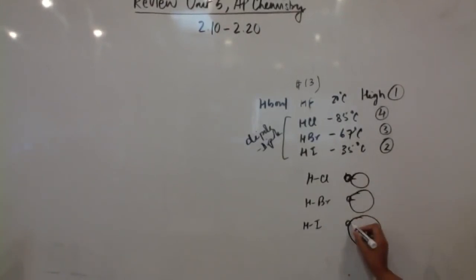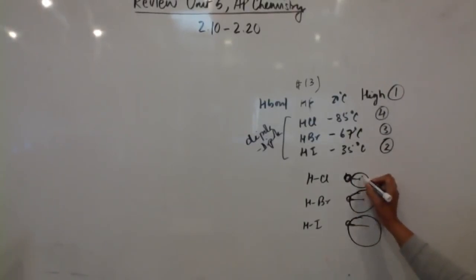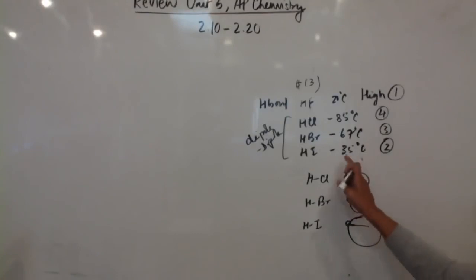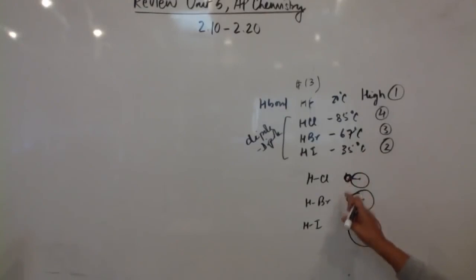If you go according to Coulomb's law, because the internuclear distance is increasing, then the force of attraction should decrease, and HI should have the least boiling point out of these 3. But that's not what the data is showing. So they are not looking for you to explain it using dipole-dipole. And that is why I say that the data will lead you to the question.